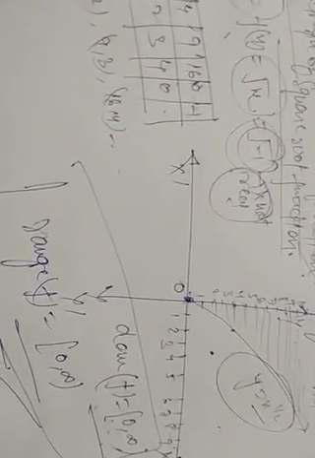So we discussed that function. In the case of the square root function, the range and domain are the same, which is 0 to infinity.